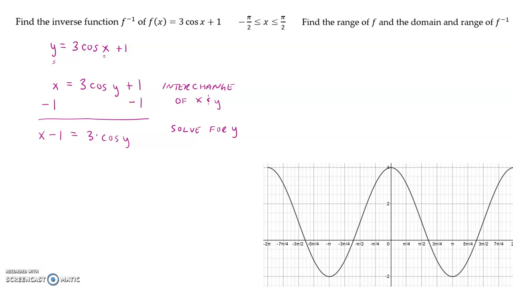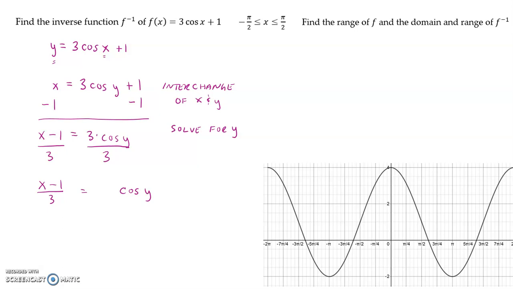And since the 3 and the cosine of y are being multiplied together, I'm going to go ahead and divide both sides by 3. So this will give me x minus 1 over 3 equals cosine of y.